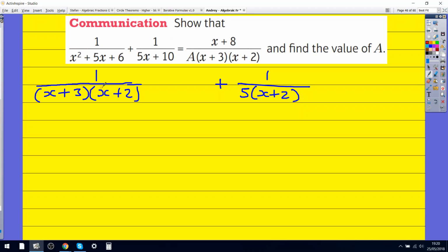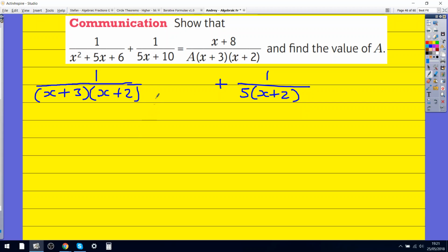So let's say, what would your common denominator be? x plus 2. It could be x plus 2, but then you would have to divide by x plus 3 and divide by 5. It's much easier to multiply something extra in than to divide. So the denominators for both fractions end up being x plus 2, 5 and x plus 3, and you have to make both of them have that denominator.